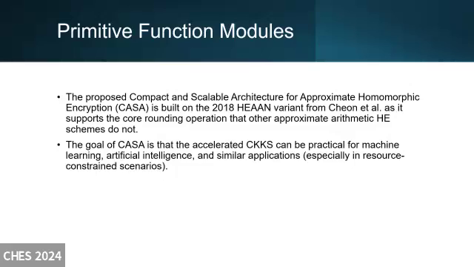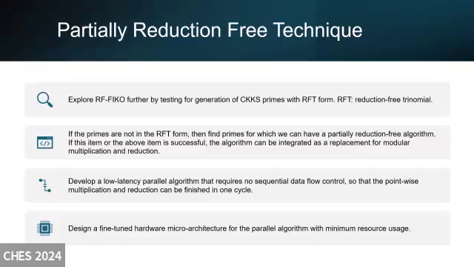Okay, so let's talk about the primitive function modules. This is the target scheme we are targeting. Concerning the first innovation, the partial reduction-free technique, you can read the details in Algorithm 1 of this paper, but to give you a brief idea: CKKS provides a wide range of prime choices, and among all these primes you can decide which one to choose.